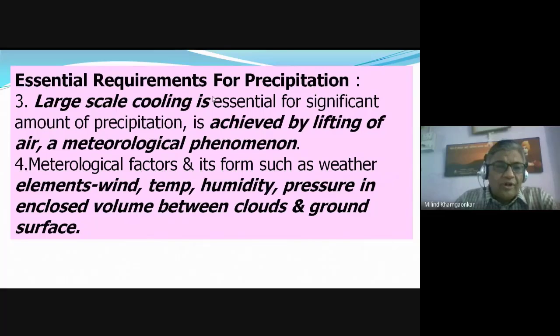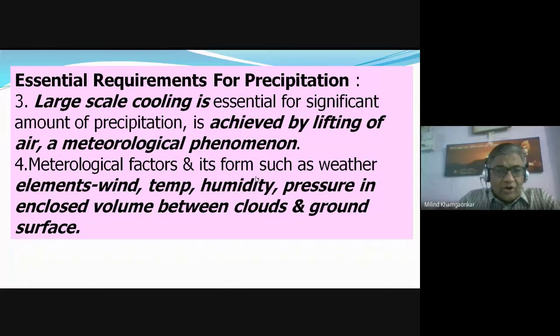Large scale cooling is also one of the requirements. Unless the cooling appears, the conversion of the water vapor particles into droplets of water as well as into ice could not take place. So cooling is necessary.